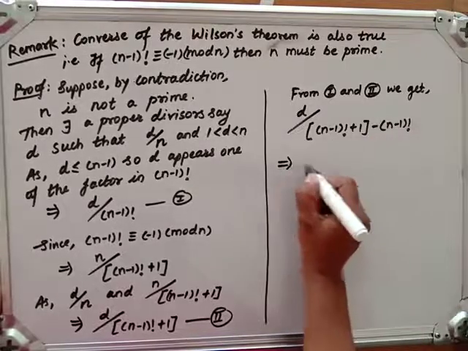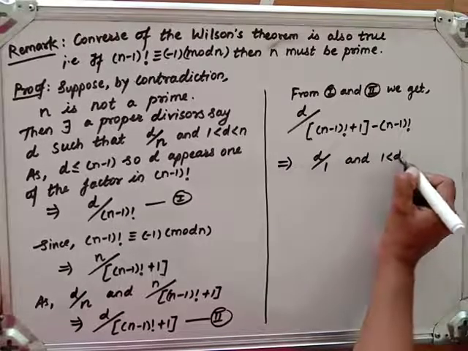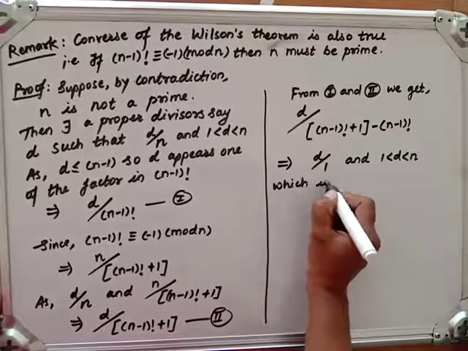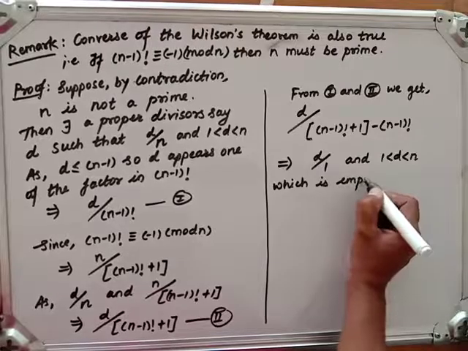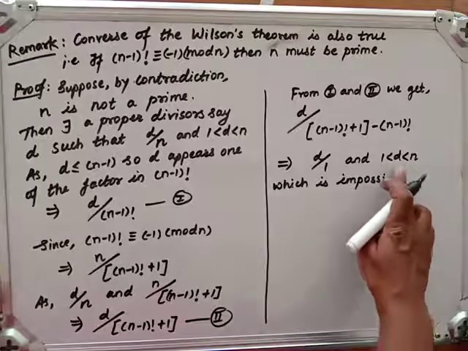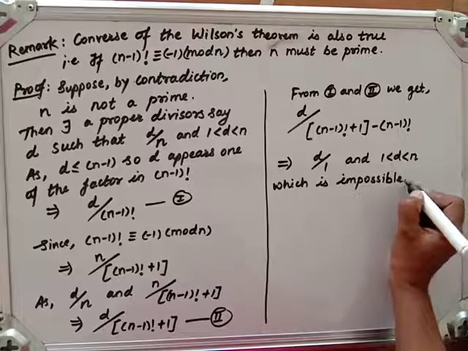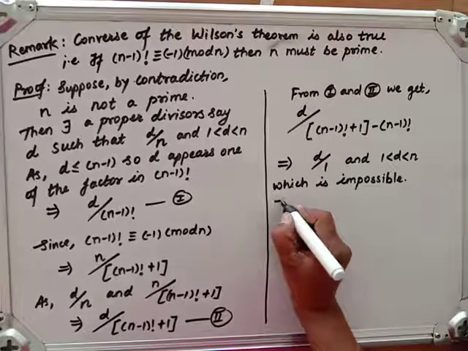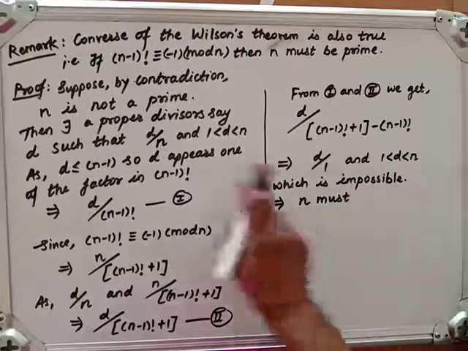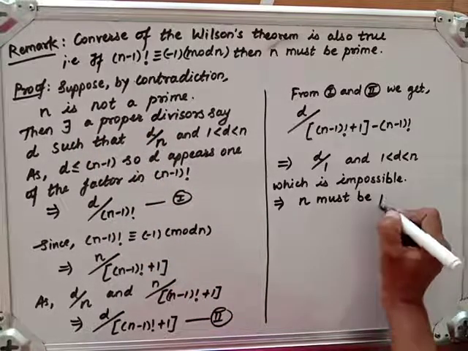So this gives D divides 1, and 1 less than D less than n, which is impossible. Because D lies between 1 and n and D divides 1, which is not possible. This gives n must be a prime, because we assumed n is not a prime. n must be prime.